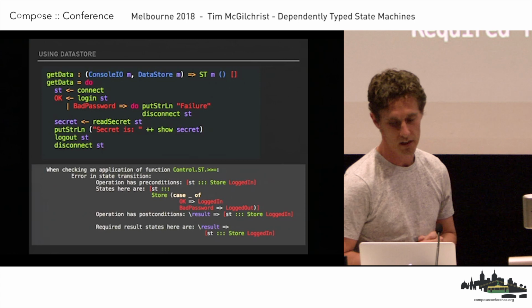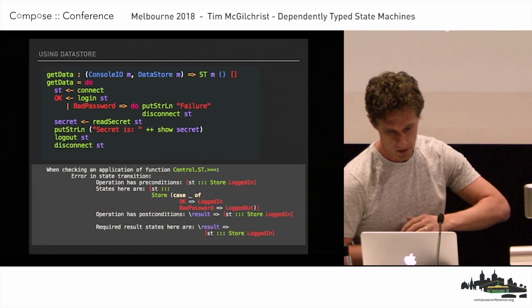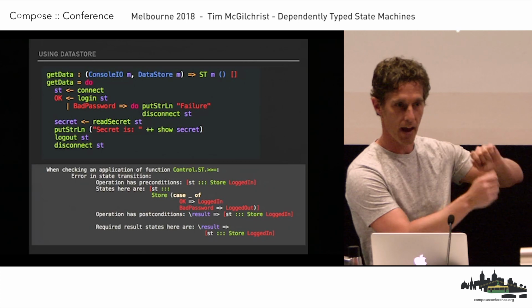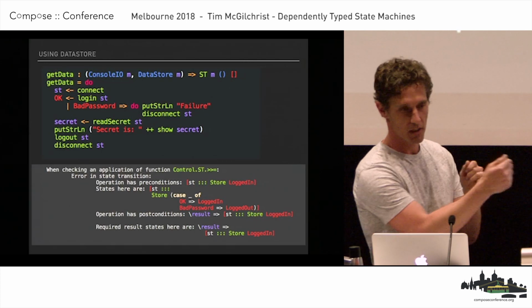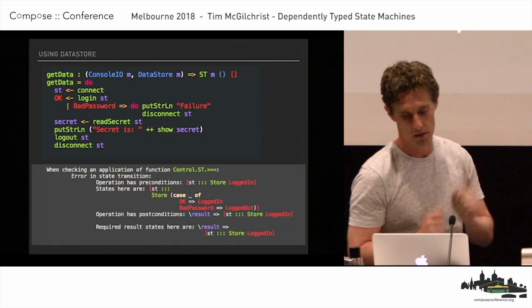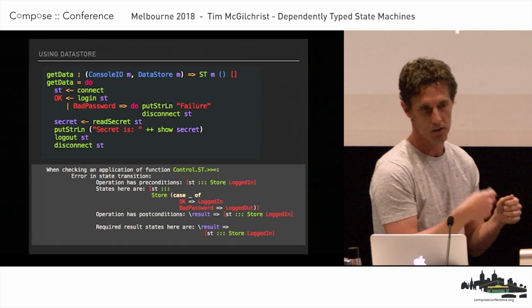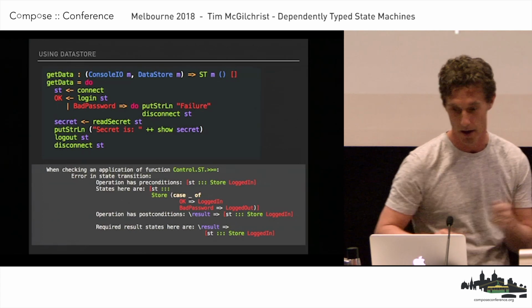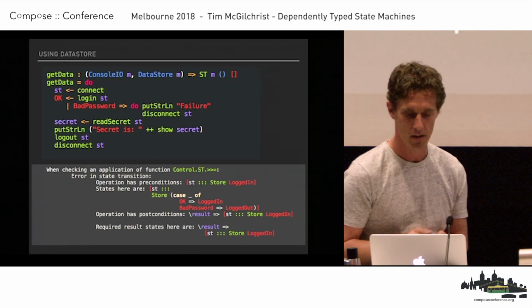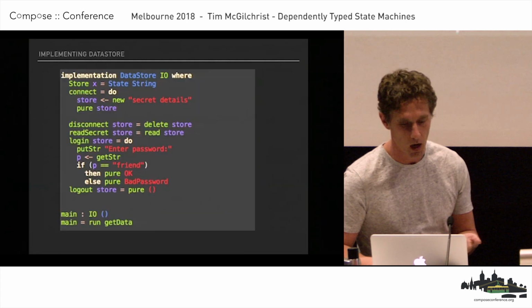So it gave me the preconditions of logged in, and the states where I had to handle both cases. The postconditions were that I had to be logged in, and the resulting states. So it's guiding me, similar to type holes in Haskell, on what states I need to handle. So it's hard to do it incorrectly. The types guide you.